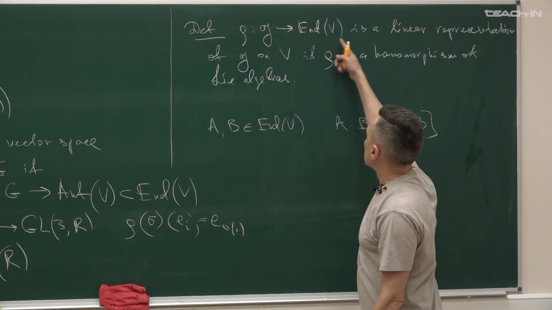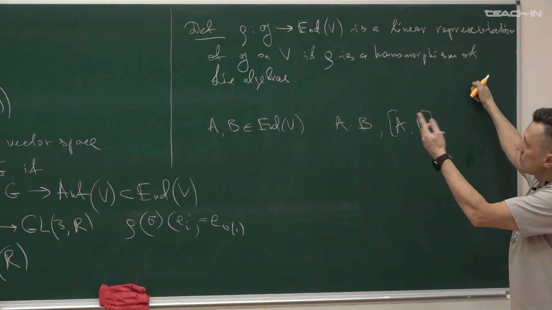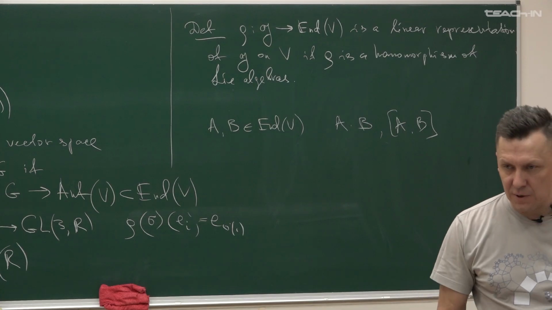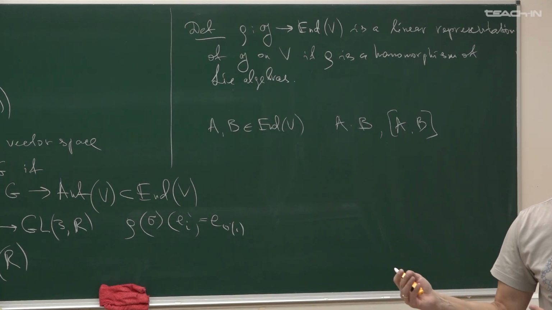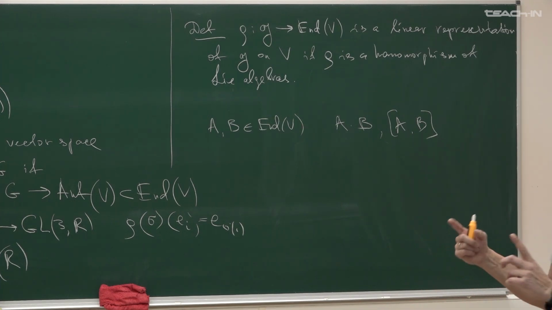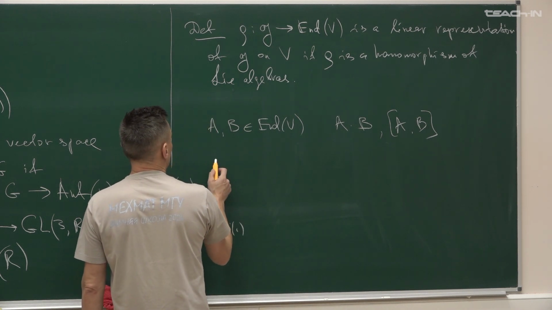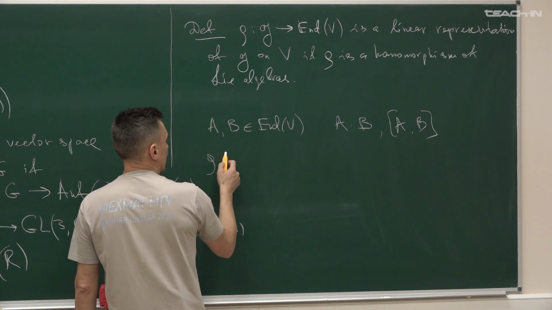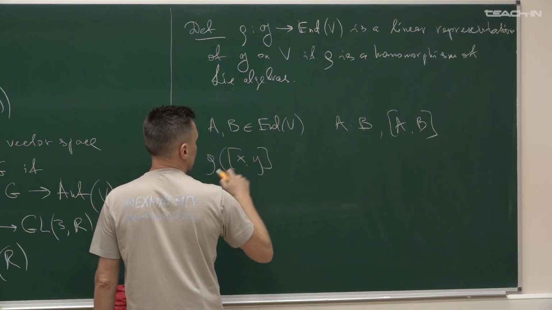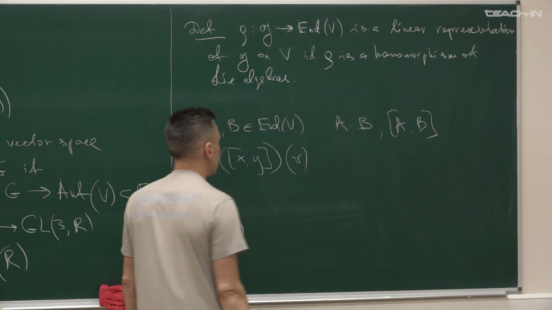So we say that there is some linear representation if each element of the Lie algebra acts in some way on this linear space by some linear operator, but moreover, if we consider commutators, so what is rho of [x, y] applied to vector v.